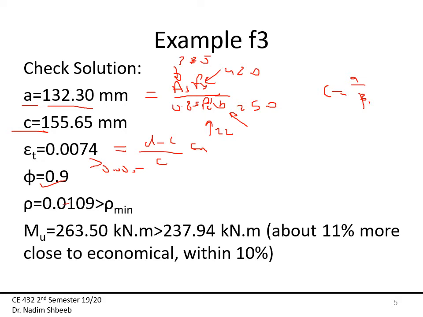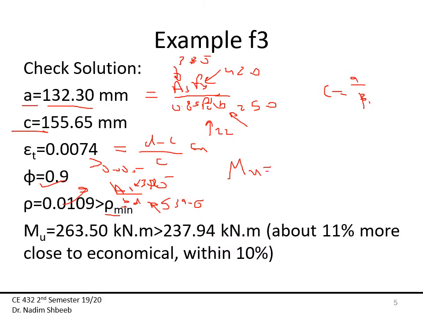Okay, Rho, I calculated Rho as my actual area of steel divided by B times D, this being for 3, 5, 25, this is being the 539.5 millimeters, and this is being 250. It's larger than Rho minimum. Then I can now calculate M ultimate, and M ultimate I like always to calculate it from this simple formula.